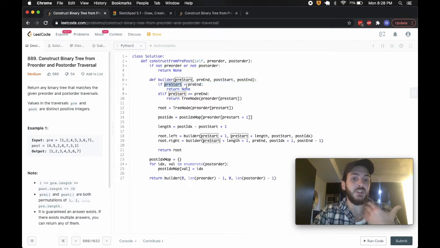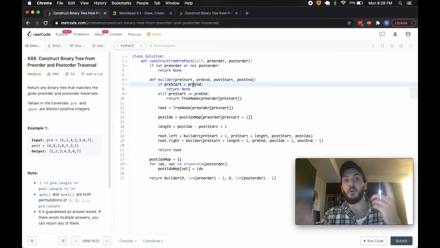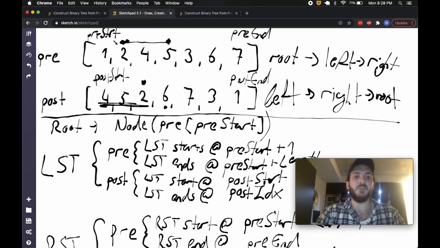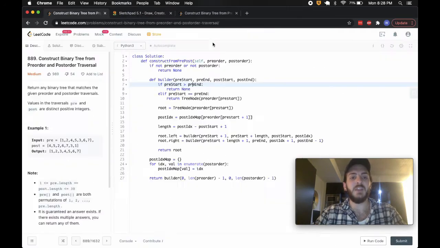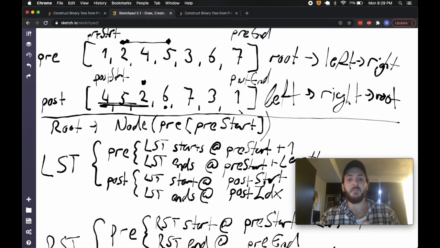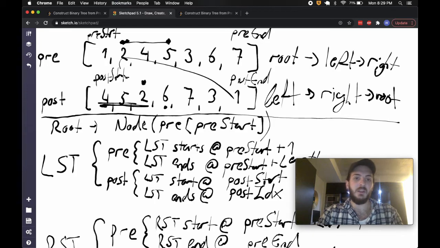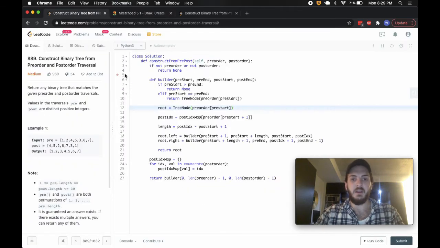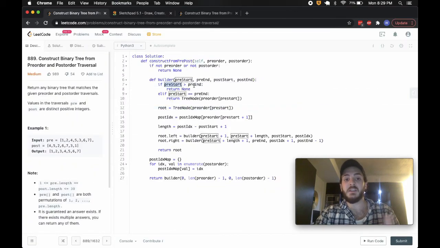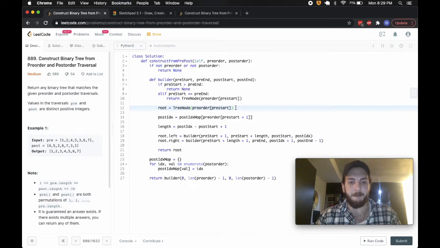And again, the reason I'm using pre-start, pre-end here, not post-start and post-end, is because I'm doing my walkthrough this way, and I'm using the pre-index to create my root values. Nothing stopping you from doing it the other way around and creating this one here and working backwards. In which case you could use the post start and end here, and then you could create using your post order at post start. And that should be it, guys.